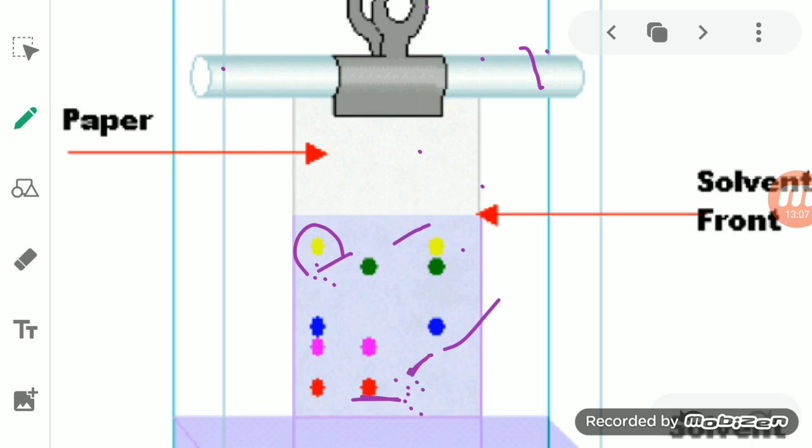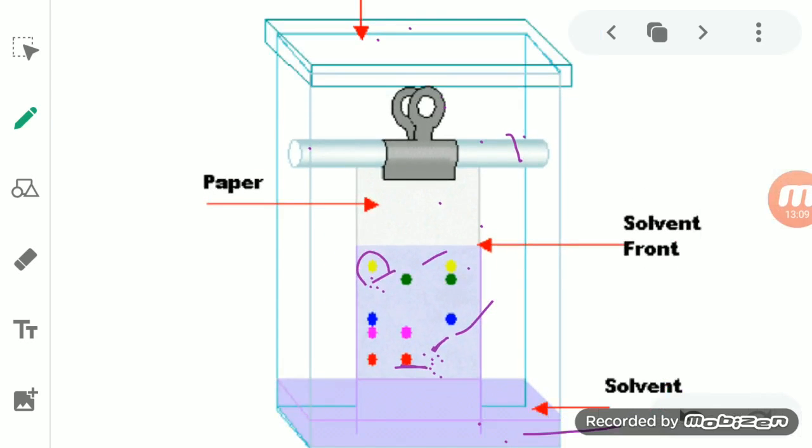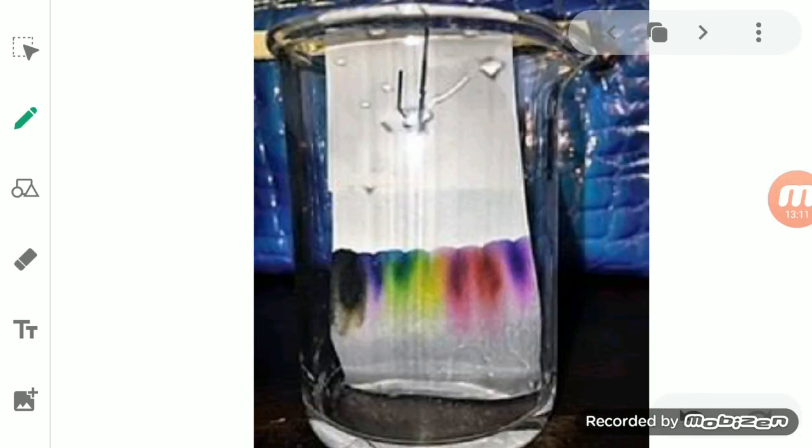Now when the water reaches the top end of the filter paper, that paper strip is removed from the jar and dried, and the paper with the separated color spots is called a chromatogram.